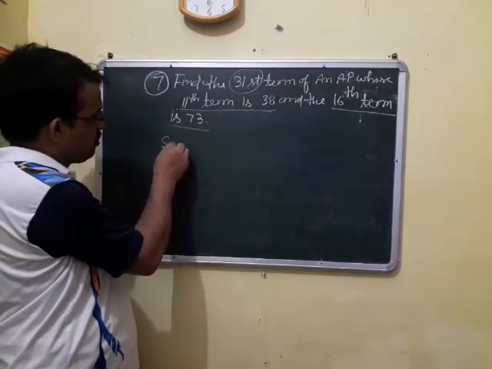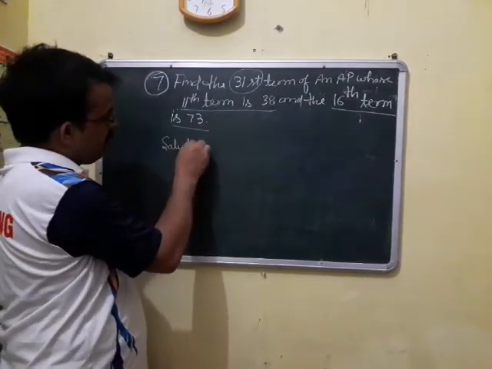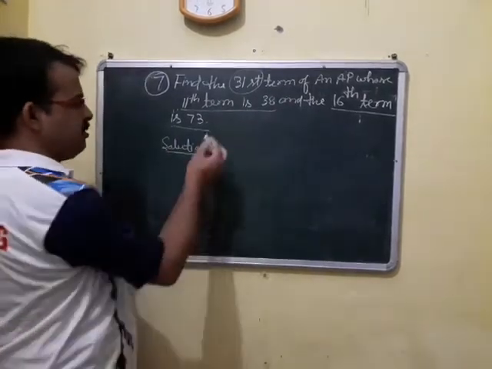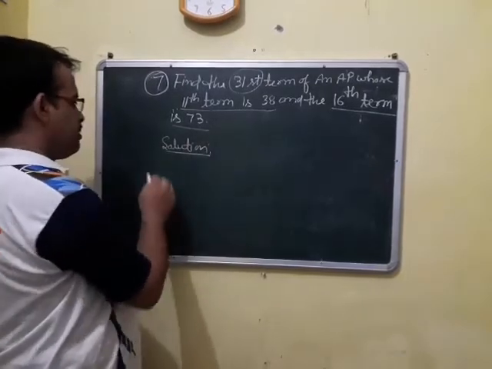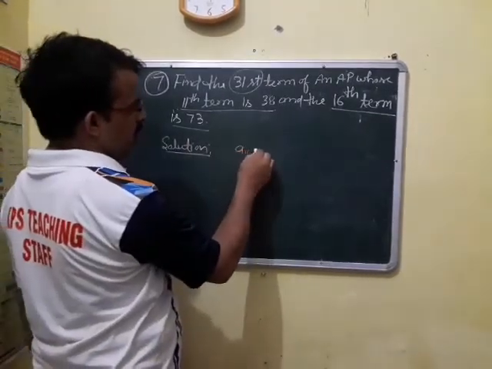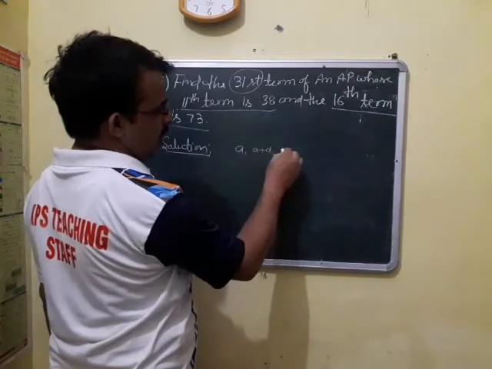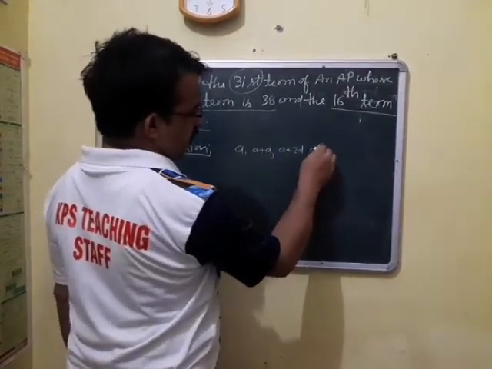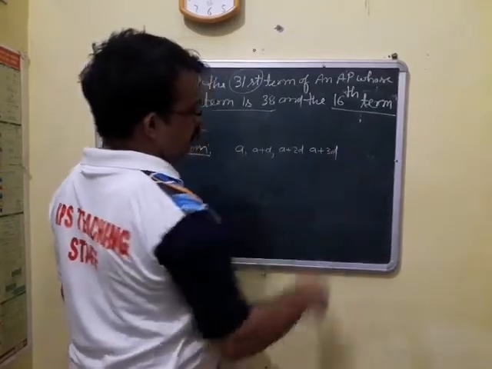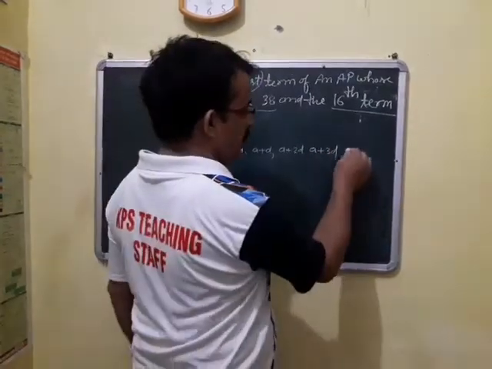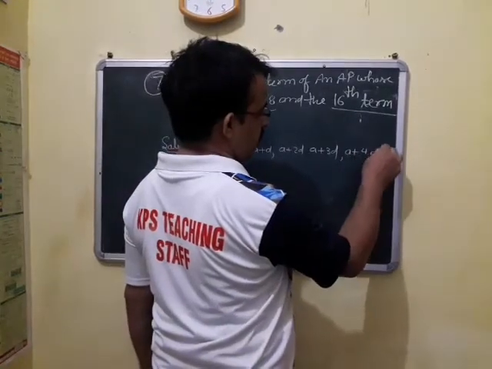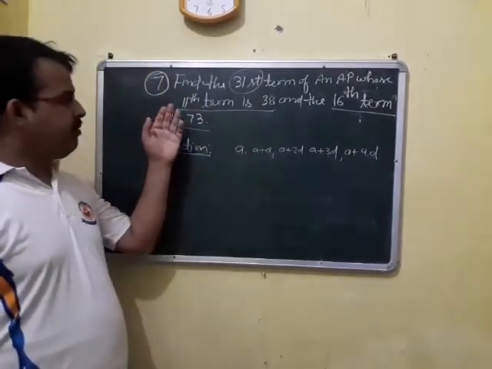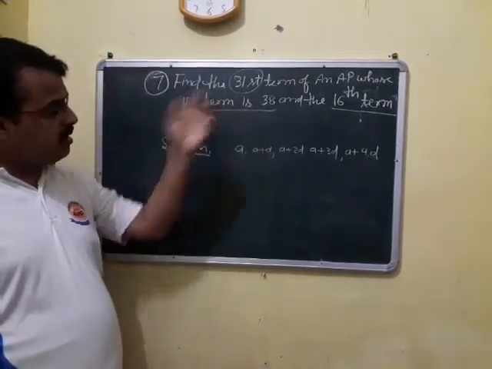Now the solution. You know that we write different terms of an AP as: first term a, second term a plus d, third term a plus 2d, fourth term a plus 3d, fifth term a plus 4d. So look here, the 11th term is 38.